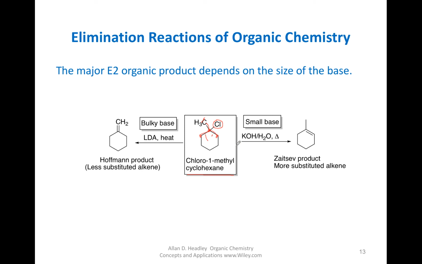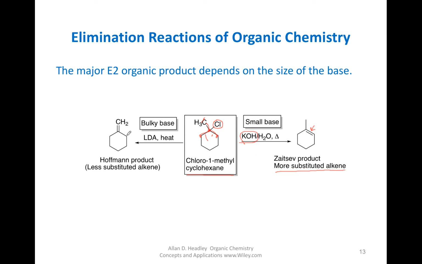So if we use a small base such as KOH, and please, whenever you write these on the quiz, make sure you clearly identify the base of choice. So this would give here this product, which is, as we said, the Zaitsev product, or the more substituted alkene, using a small base.